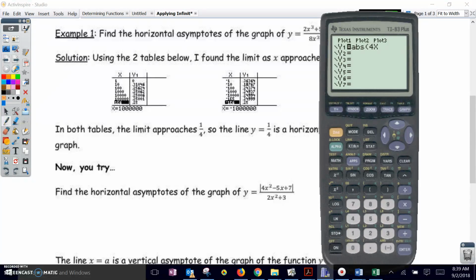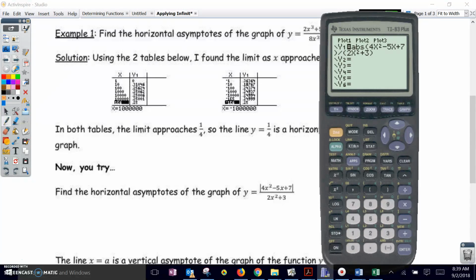So I take the absolute value of 4x squared, minus 5x plus 7 over quantity 2x squared plus 3.